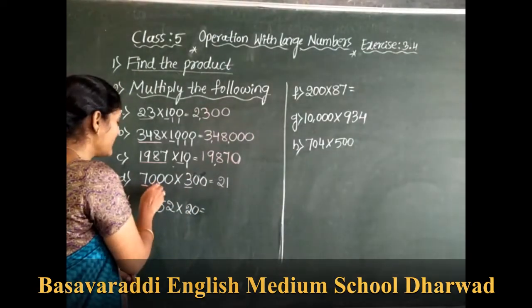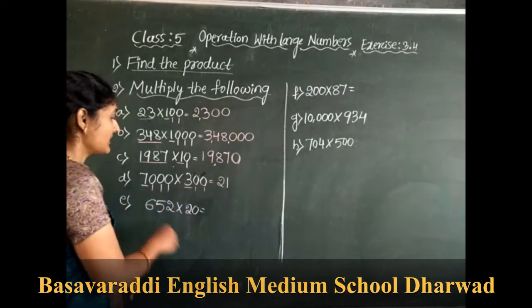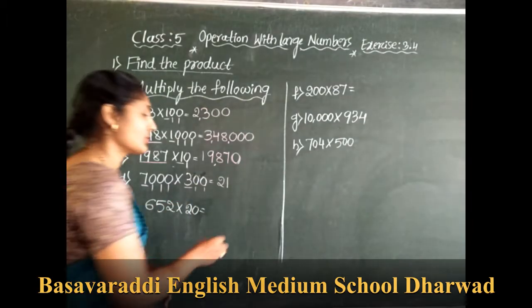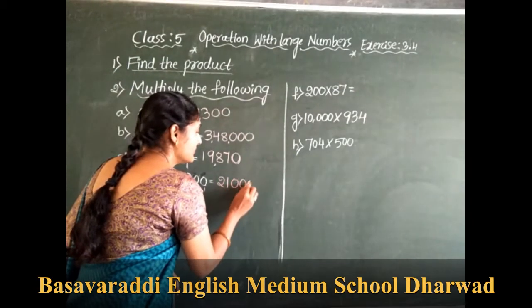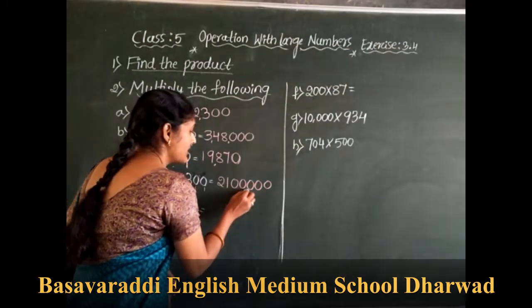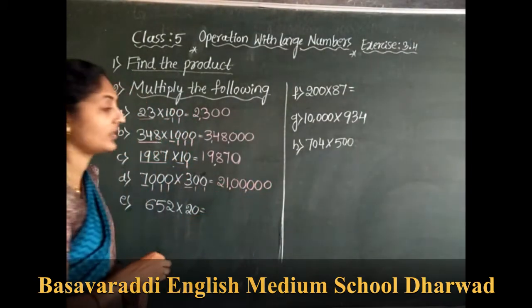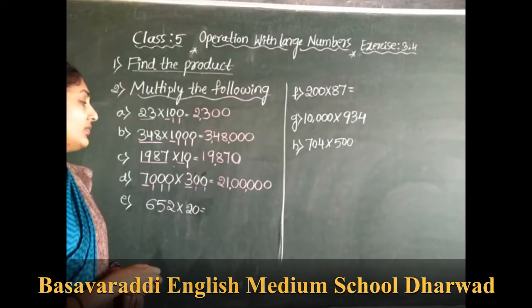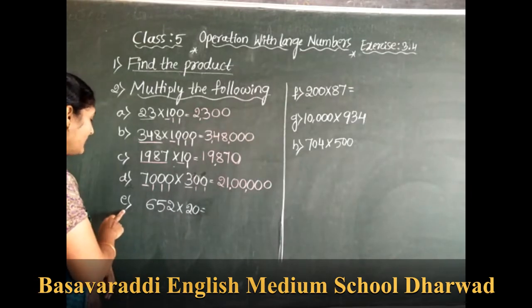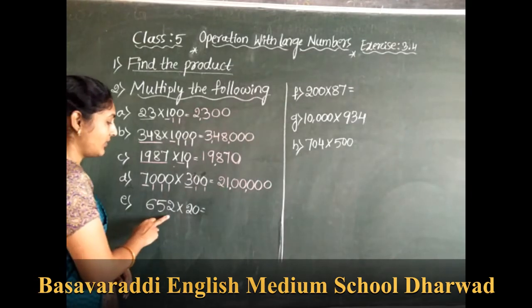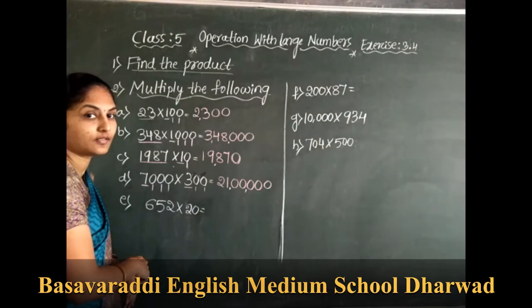So how many zeros in the second part? Totally 5 zeros. So put the 5 zeros. What is the answer there? The 21 lakh.